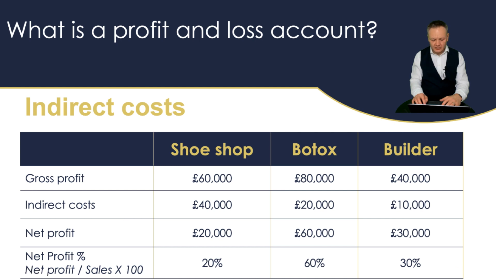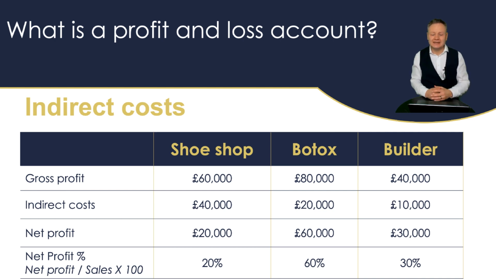And here is the example that I've got for you in terms of the shoe shop, the Botox and the builder. You'll notice this time around that the indirect costs, or the offices, the warehouse that you might be in, or shop for the shoe shop, are quite high.